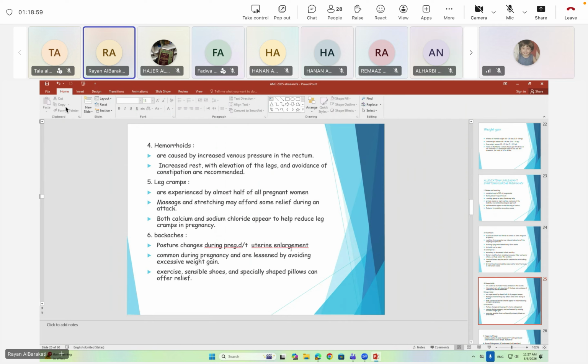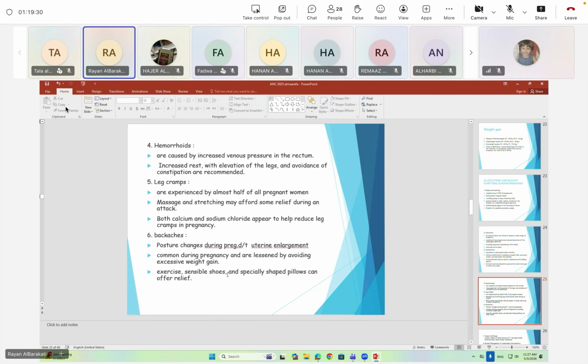Back aches are very common. This is secondary to the posture change during pregnancy and the change in the curvature of the spinal column. Also, due to uterine enlargement and the change of the center of gravity for that patient. We advise those patients to control their weight gain, not to have excessive weight gain. Also, to use exercise to support their back muscles.